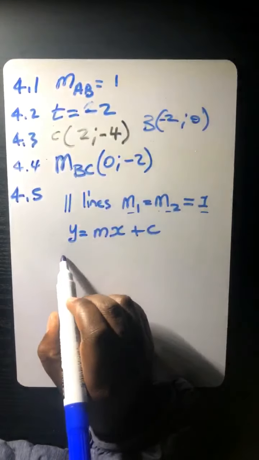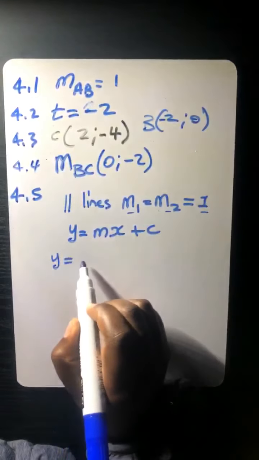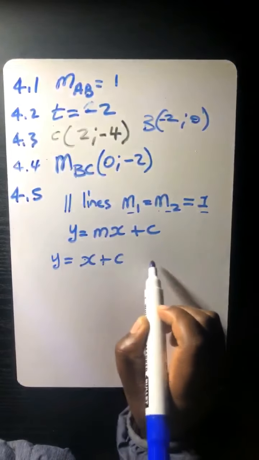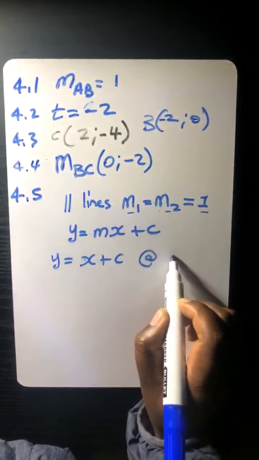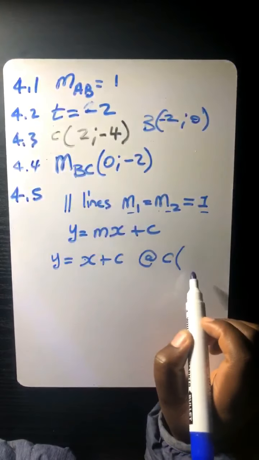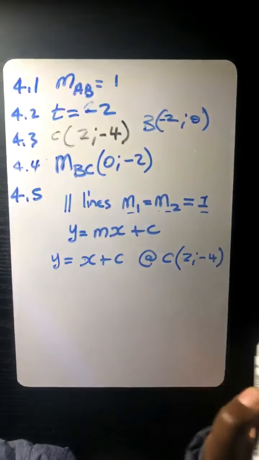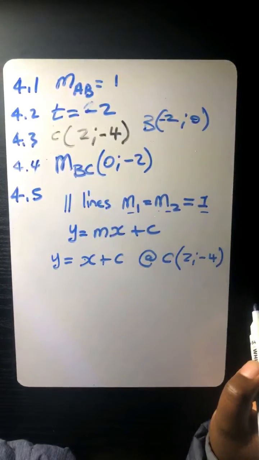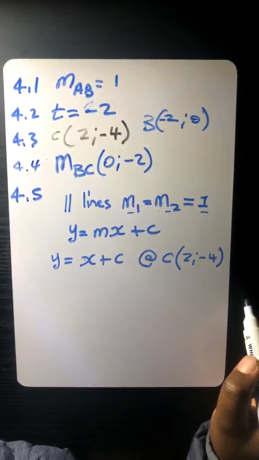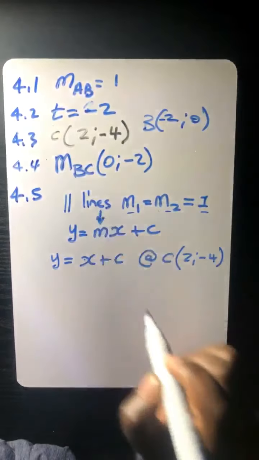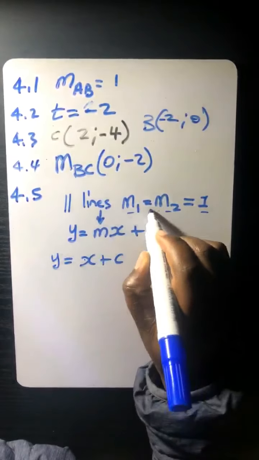So you substitute it into the formula and say y = 1x + c. Then you say at point C, which we calculated to be (2, -4). Always, guys, when you try to determine an equation, what you want to calculate is two things: m, the gradient, and the c value.